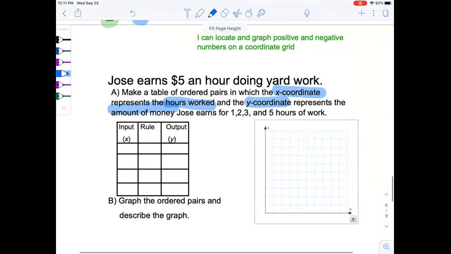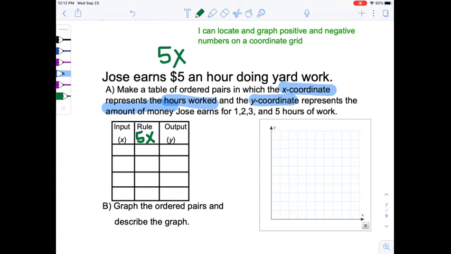So he earns $5 an hour, which means in 1 hour he'd make $5, in 2 hours he'd make $10, 3 hours he'd make $15. So our rule here is 5 times x, 5 times however many hours that he works. So I'm going to write that in for the rule column.